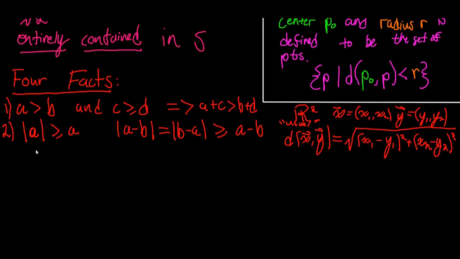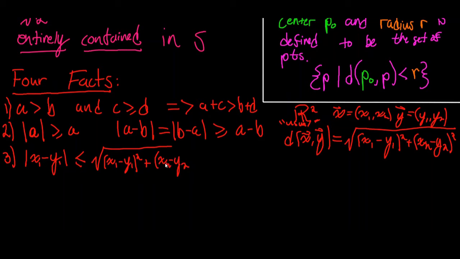And so this leads me to my third fact that will come in handy here: the absolute value of x1 minus y1 is less than or equal to the square root of (x1 minus y1) squared plus (x2 minus y2) squared. Cool.